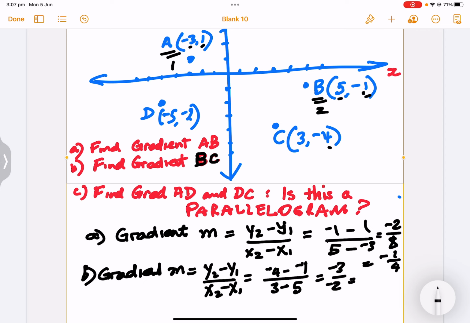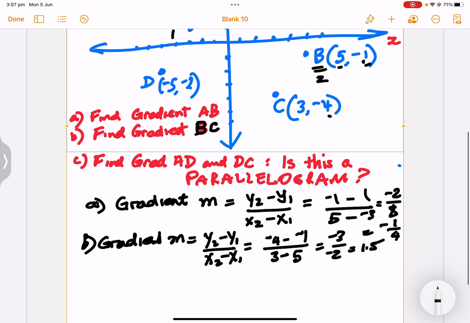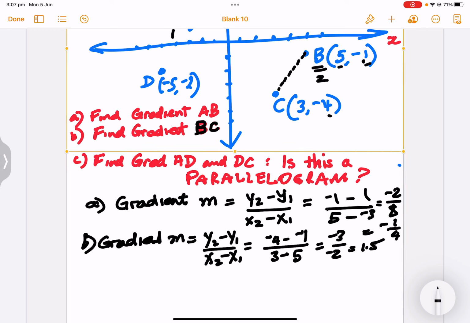So it's 1.5, or 3 over 2. Got a gradient of 1.5. That makes sense. If you look at the gradient from C to B, it goes up 3 across 2, so that's a gradient of 1.5.